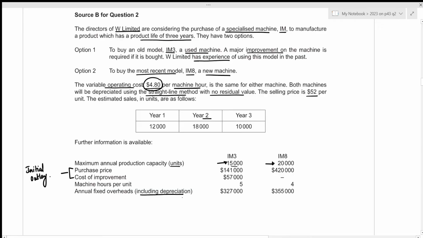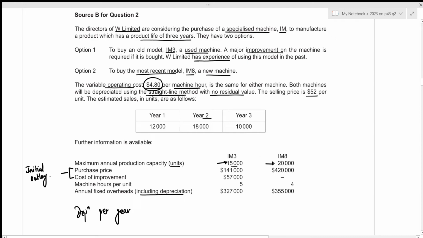And remember, whenever we are talking about investment appraisal techniques, we majorly focus on net cash flows. So in such calculations, we need to exclude the non-cash expenses, which means that we need to exclude the depreciation. So let's figure out the depreciation per year for both of these machineries.